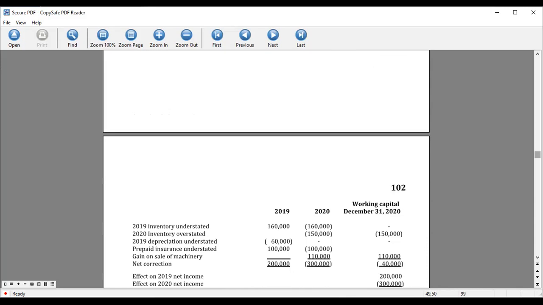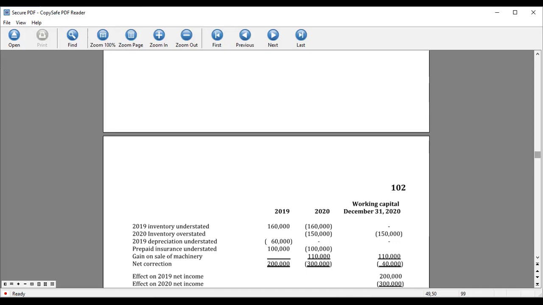Next, we have the inventory overstated at year end. So we have reflected the adjustments for the ending inventory, which are both overstated. Next, we have the depreciation understated by the amount of 60,000.